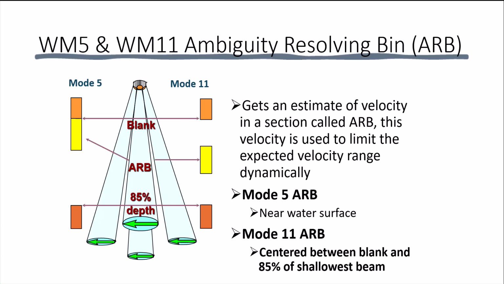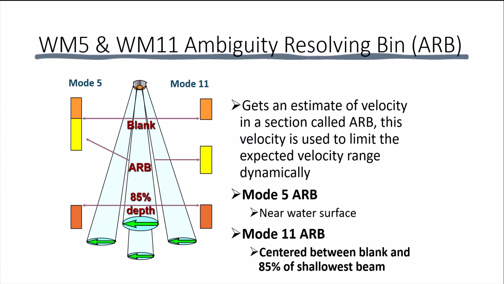The primary difference between water mode 5 and water mode 11 is where the ambiguity resolving bin is located. For water mode 5, the ambiguity resolving bin is located near the water surface, and for water mode 11, it is located near the center of the water column. The goal is to locate the ambiguity resolving bin where there is low shear and high backscatter, so that the estimated velocity is close to the true depth cell velocities.